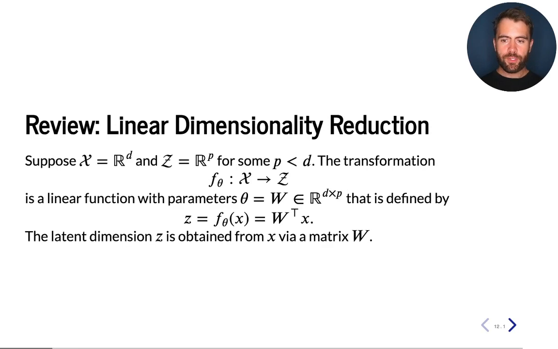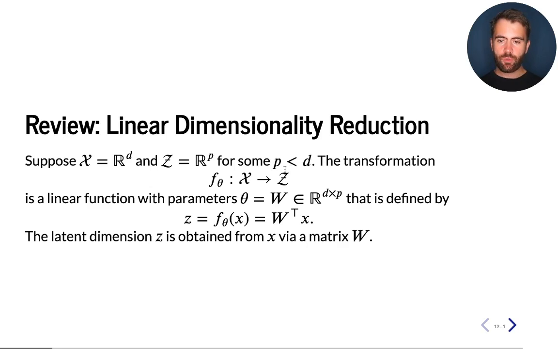And recall that the problem that we are trying to solve is that of linear dimensionality reduction. Our data lives in a d-dimensional space X, and we want to find a lower dimensional space Z of dimension P, where P is less than D, such that Z is a good representation for the data that we have.